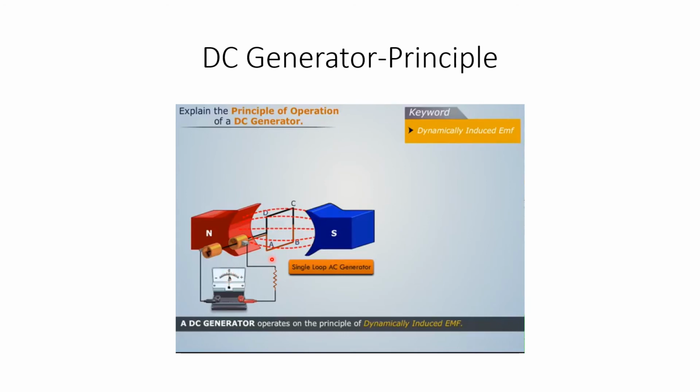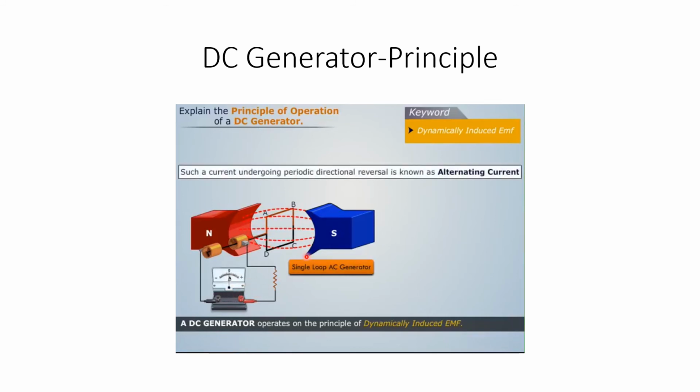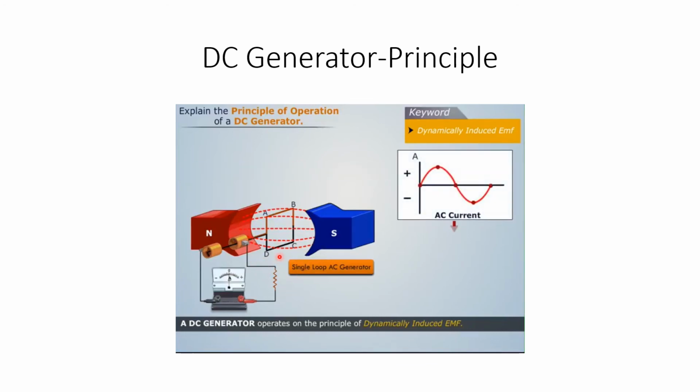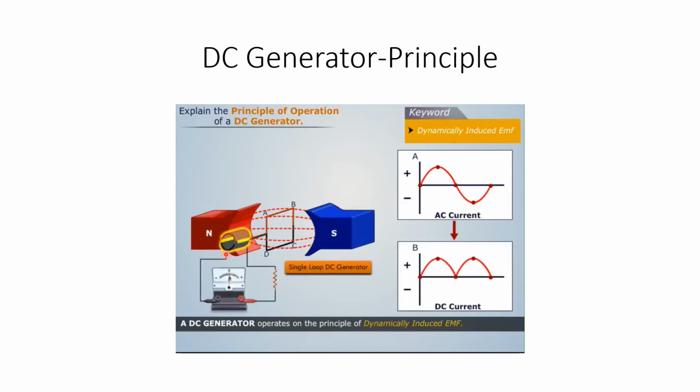The conductor has the loop A, B, C, D. This generator will actually produce AC current, but because of the commutator action, we convert the AC current to DC current.